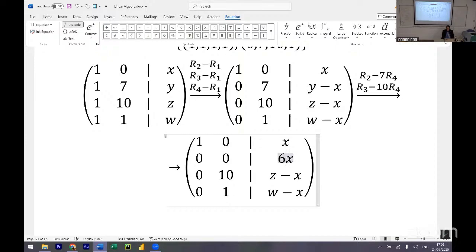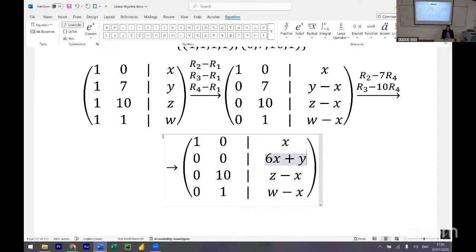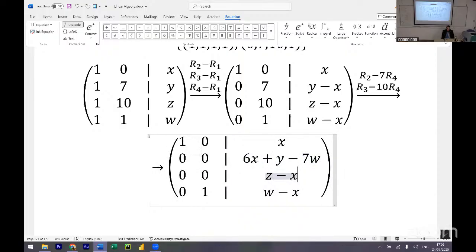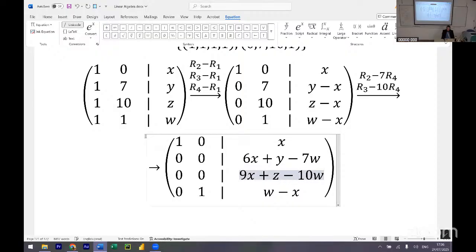6x plus y, that remains a y minus 7w. And here we get 9x plus z minus 10w.